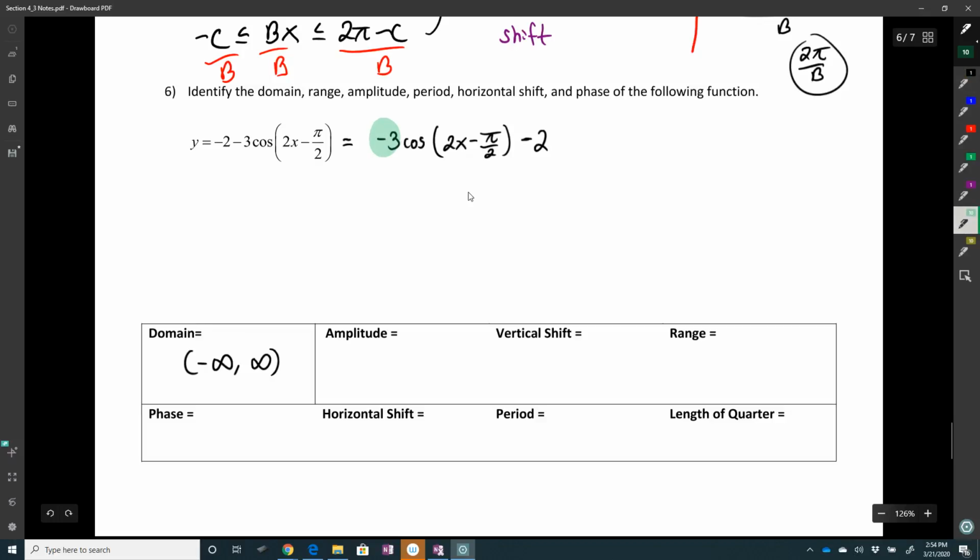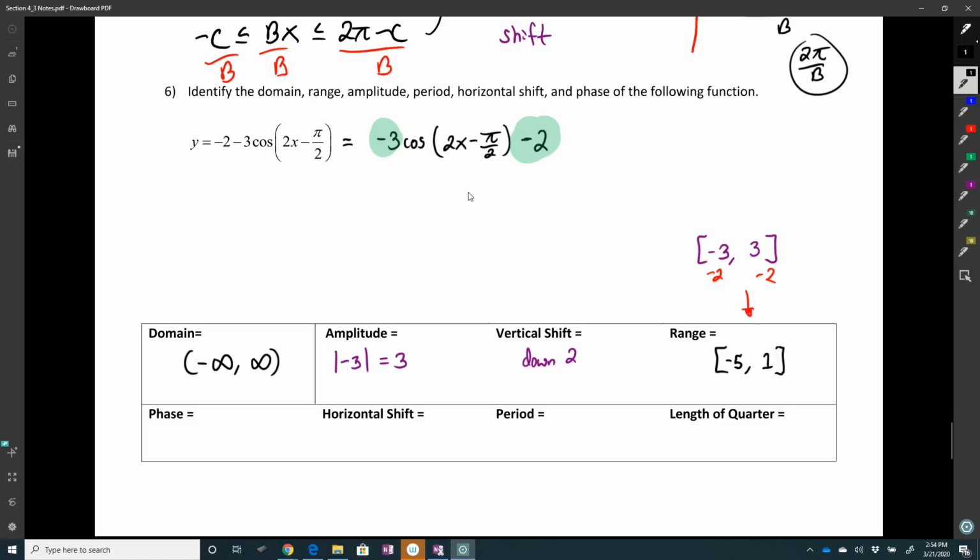All the outside stuff is this right here. So I know that my amplitude is the absolute value of negative 3, which is just 3. I know my vertical shift is down 2. My range, remember the range would be negative 3 to 3 because that's what the amplitude is, but I went down 2. So that means I get negative 5 to 1.